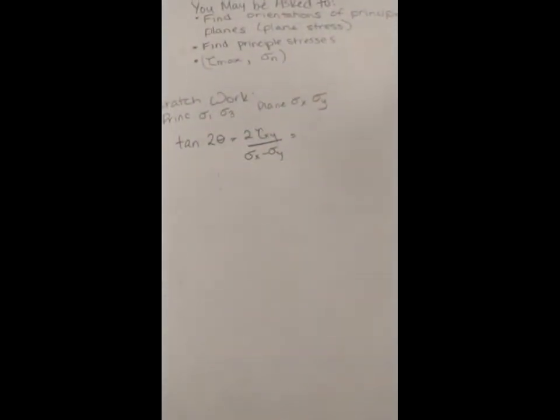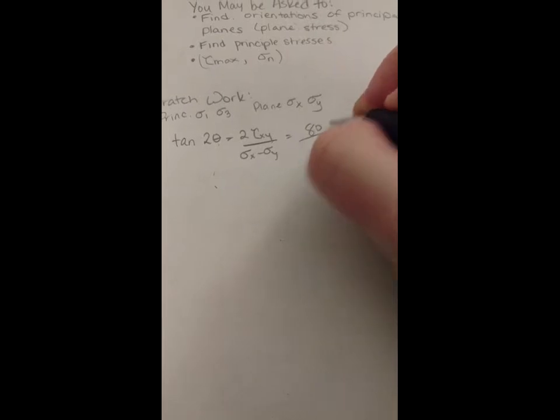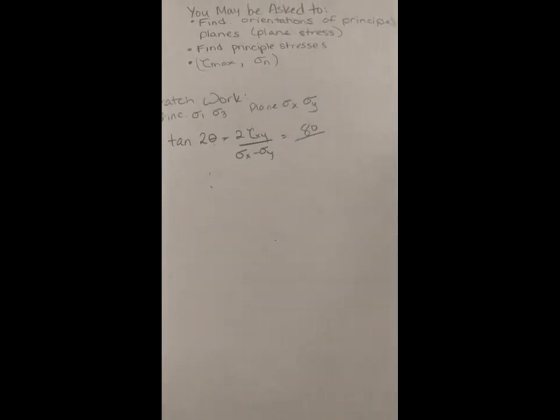So I'm going to use the equation up there with tangent. I'm going to do tan of 2 theta is 2 tau xy divided by sigma x minus sigma y. 2 tau is going to be 2 times 40, so that's 80. And sigma x minus sigma y is 50 minus 10.